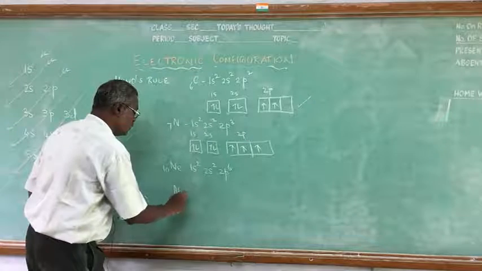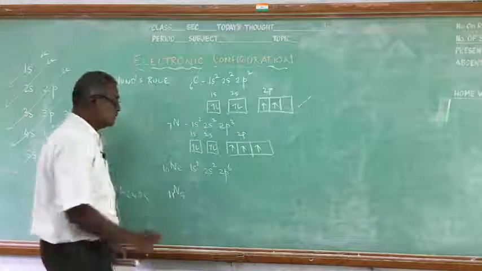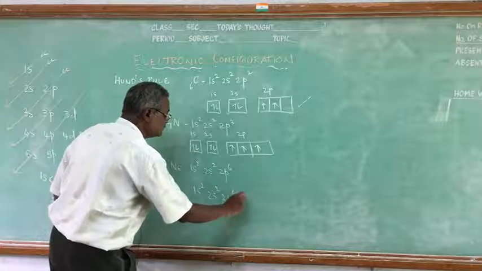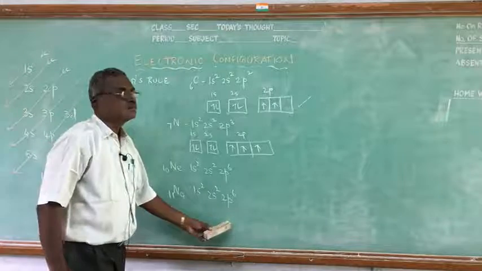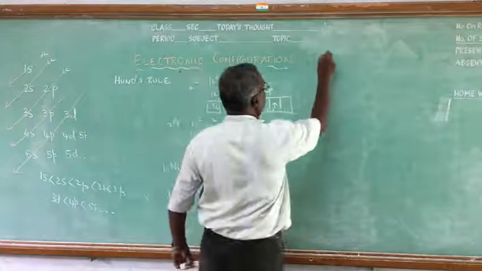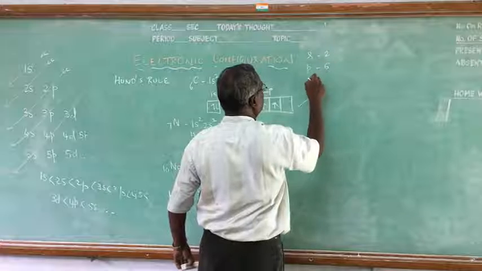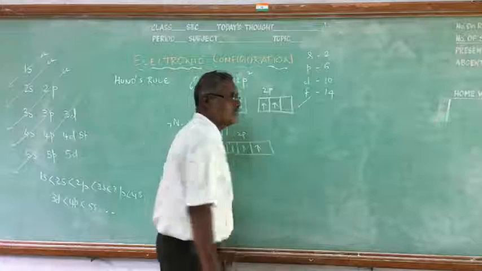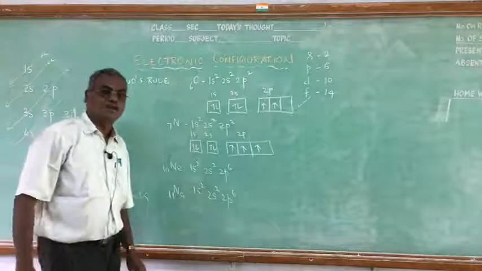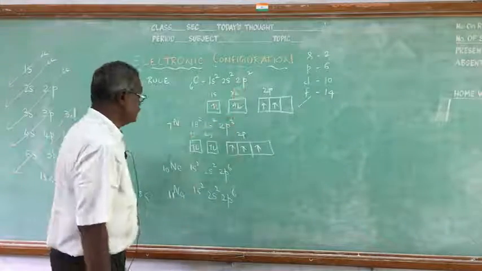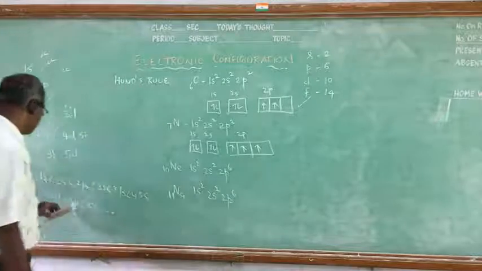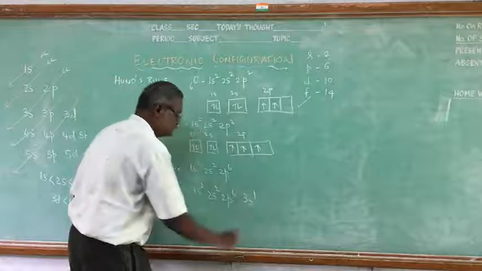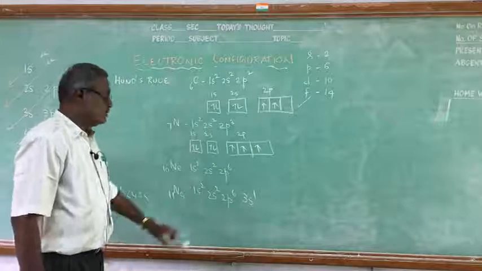Then sodium, 11: 1s2, 2s2, 2p6, 2p7 I cannot write, because the maximum capacity of the s orbital is 2, p orbital 6, d orbital 10 and f orbital 14. Already we know the maximum capacity of these orbitals, s, p, d, f. So here, after 2p, which will come? 3s will come. So 3s1. This is the electronic configuration.